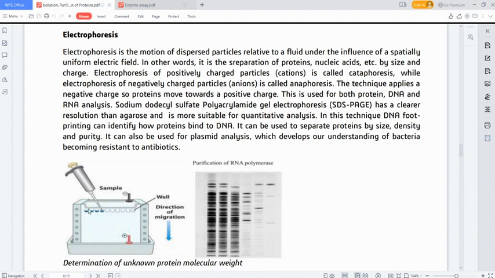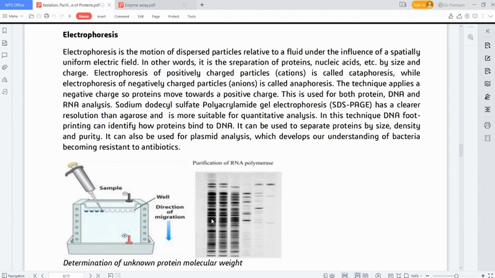So when you pour in your protein, which is now negatively charged, or forced to be negatively charged by the presence of SDS, you will notice that by charge differentiation, the ones that are negative will move faster because they are running towards the positive charge. And SDS is carrying most of this protein. So that is why you have different bands showing.